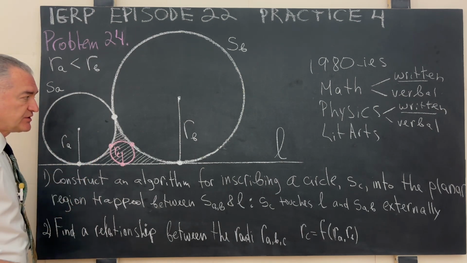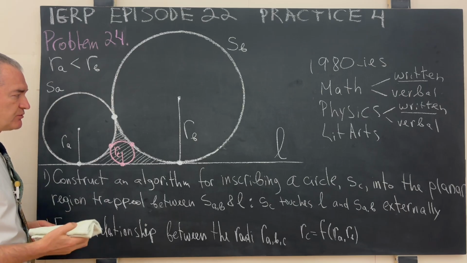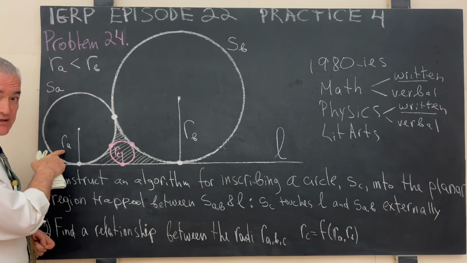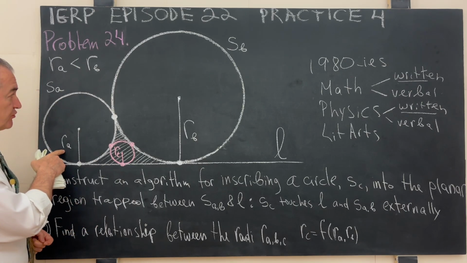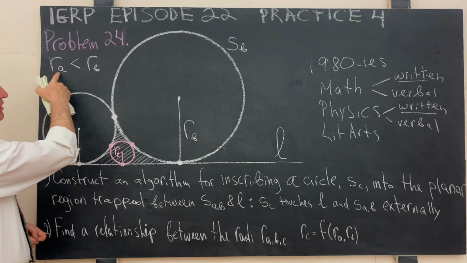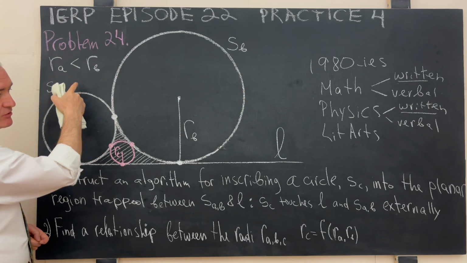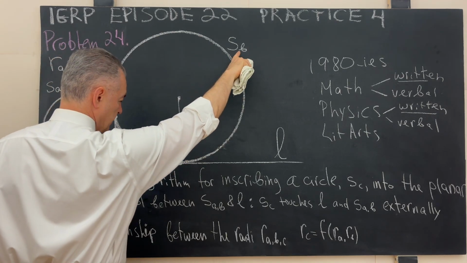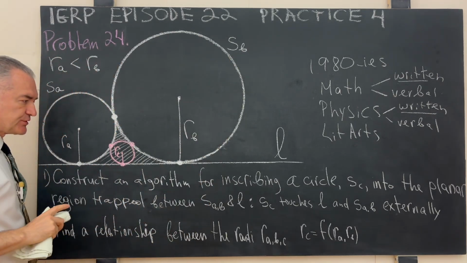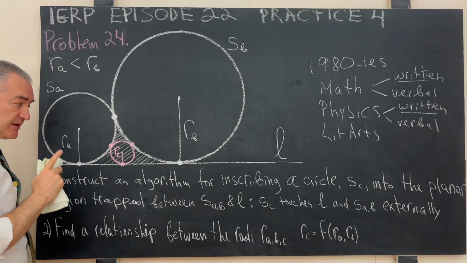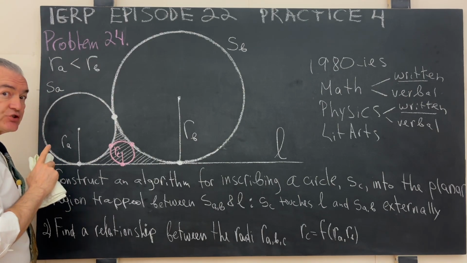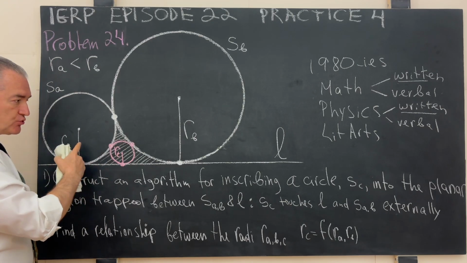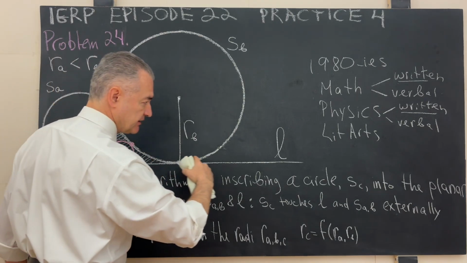And for definiteness and without loss of generality, we will assume that the length of the radius RA of the circle SA is strictly smaller than the length of the radius RB of the circle SB. And we're also told that we're given a common external tangent of these two circles, a straight line L.